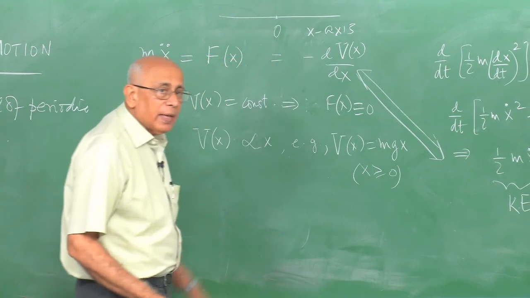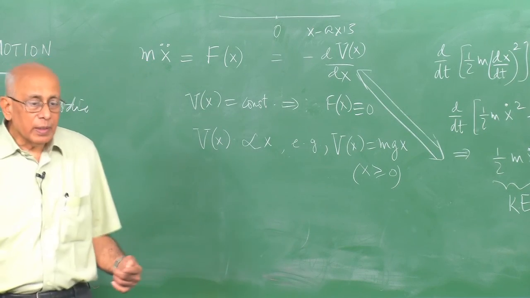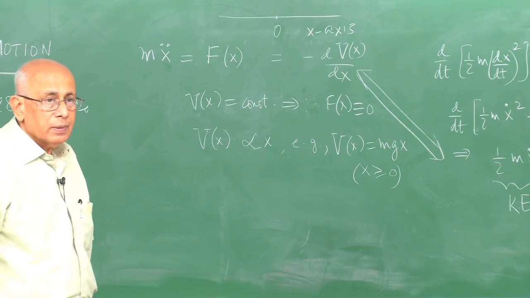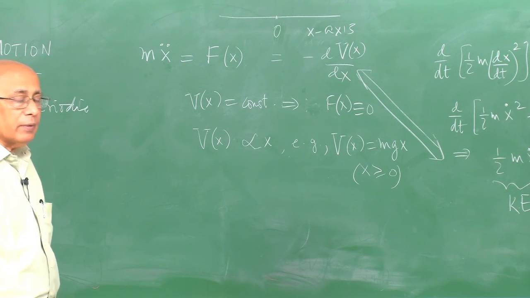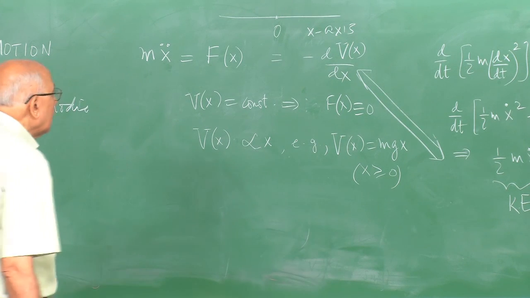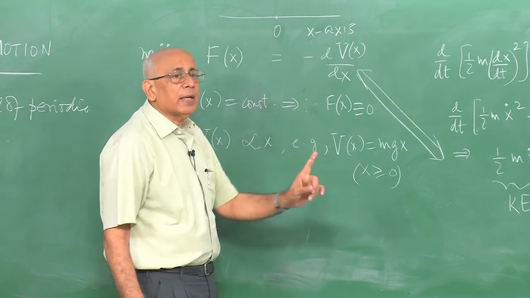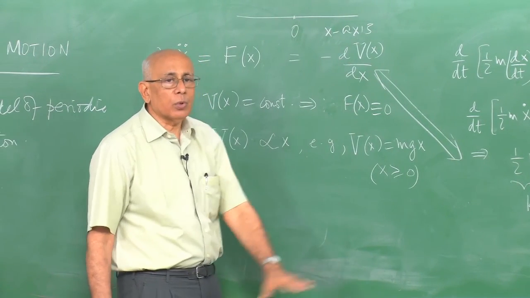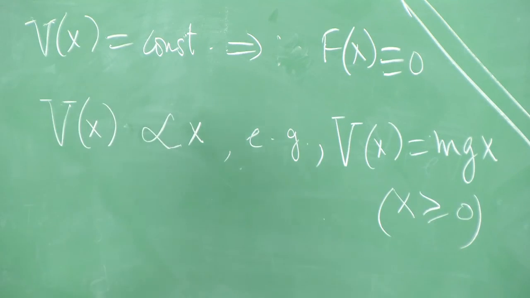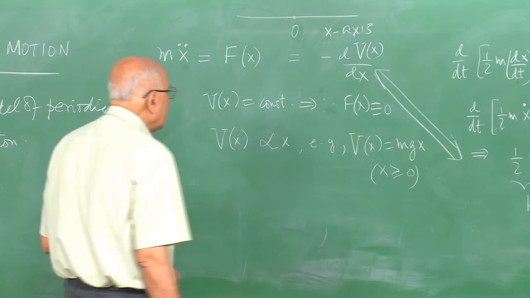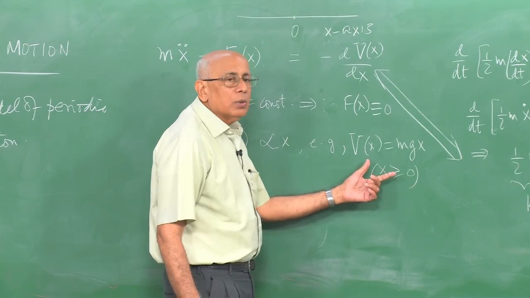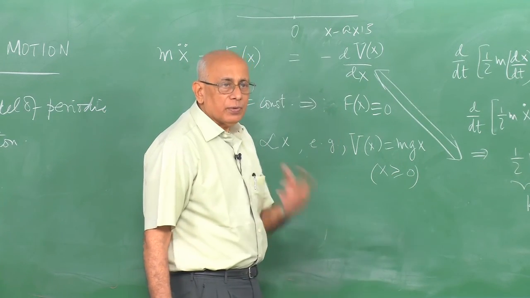This would correspond to saying that the particle is moving in a gravitational field, constant acceleration due to gravity being minus g, and the positive x direction being taken to be the vertical direction from, say, the floor level. Okay. So instead of writing mgh, I have written mgx, but it is just a change of variable. So this would correspond to motion in a constant force field.